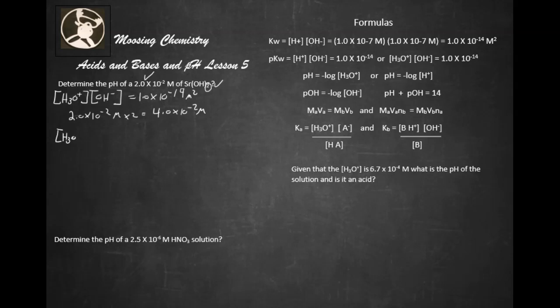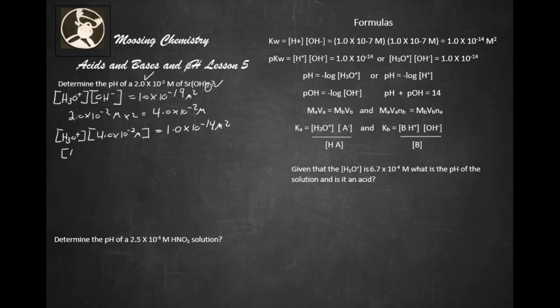So we go H3O plus times 4.0 times 10 to the negative 2 M equals 1.0 times 10 to the negative 14 M squared.